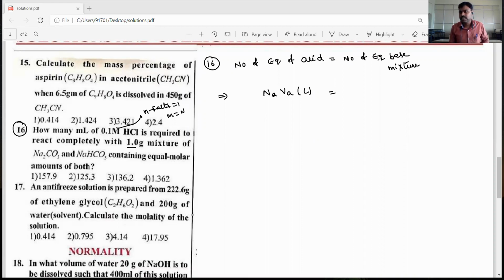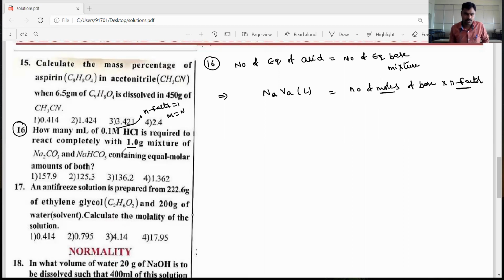So the number of equivalents is equal to the number of moles of base into N factor. This is another important relation, dear students. Number of equivalents is equal to normality into volume, or it is also equal to weight by gram equivalent weight. That weight by gram equivalent weight I converted into number of moles into N factor. Okay, dear students, this is the formula.